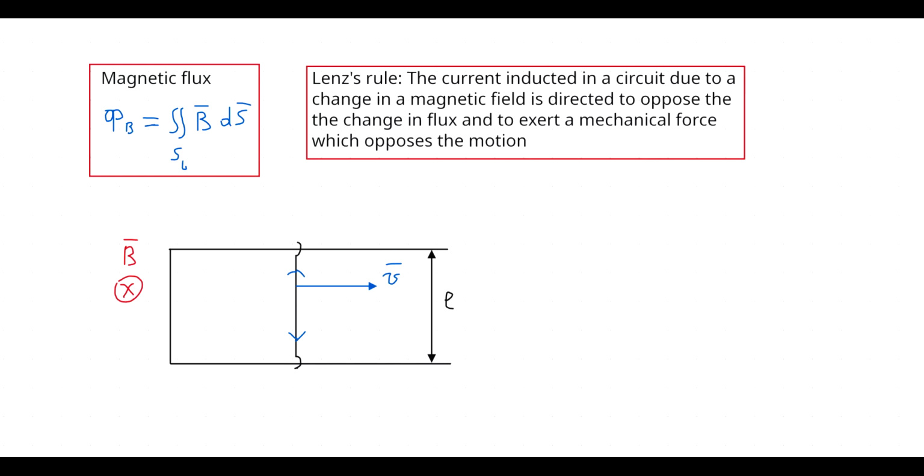It must oppose the motion of the rod. So it must produce a force that is directed to the right. So inductive current must produce a force, and it will be Ampere's force.